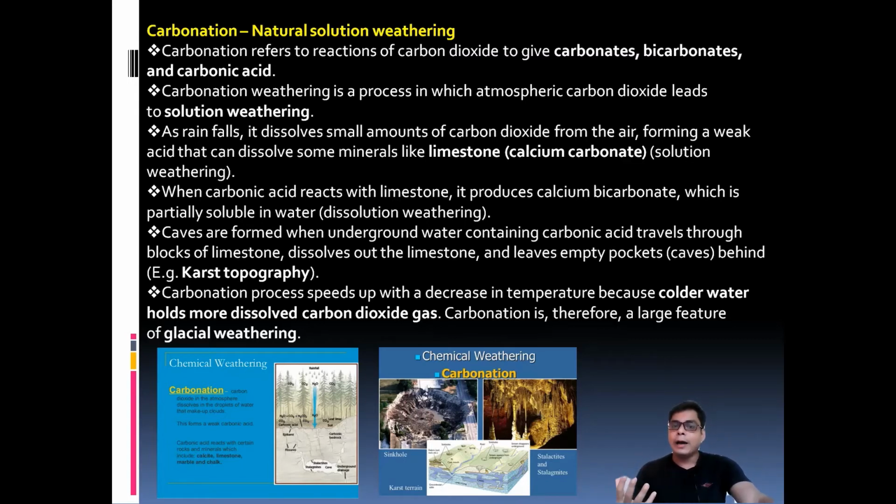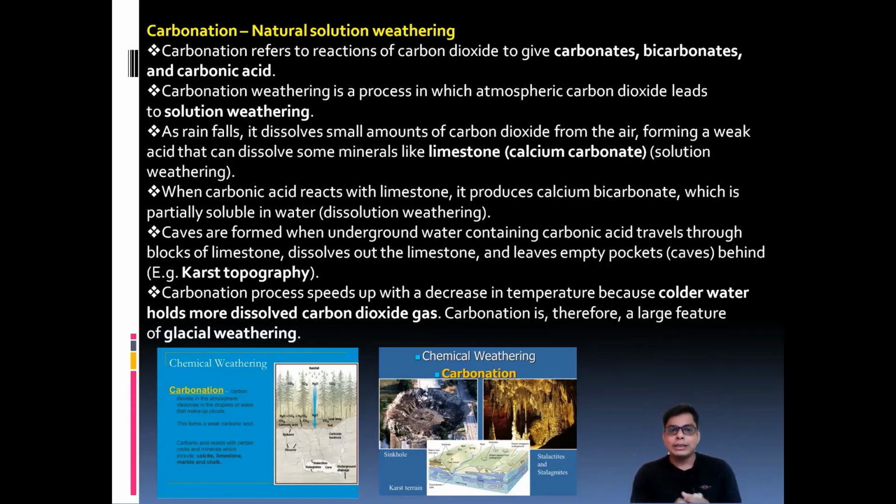So this area easily reacts with calcium carbonate and water, and that can create calcium bicarbonate. Karst topography, perhaps you know Yugoslavia, is where we can see this type of reaction, and due to carbonation weathering occurs in that area.